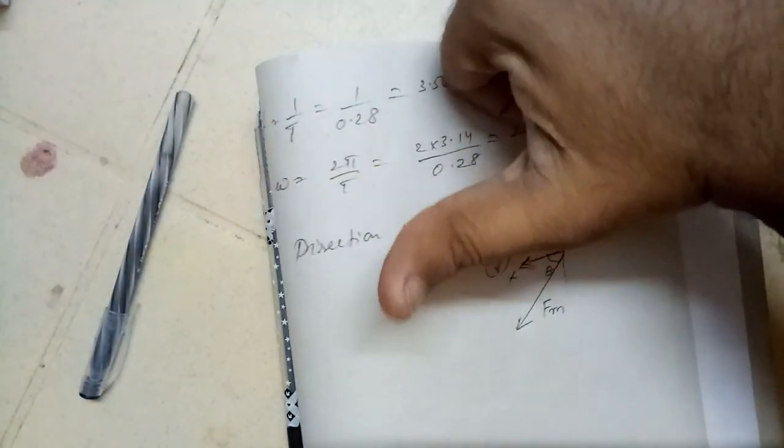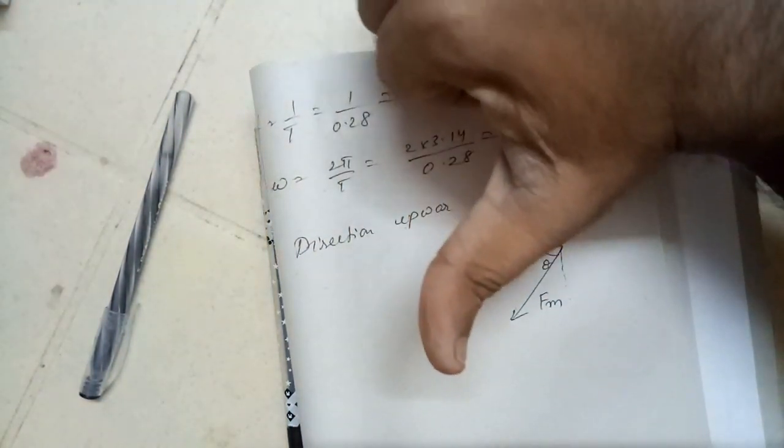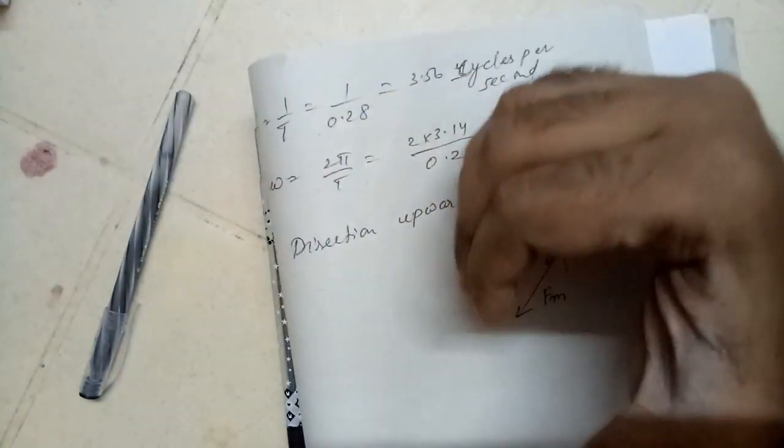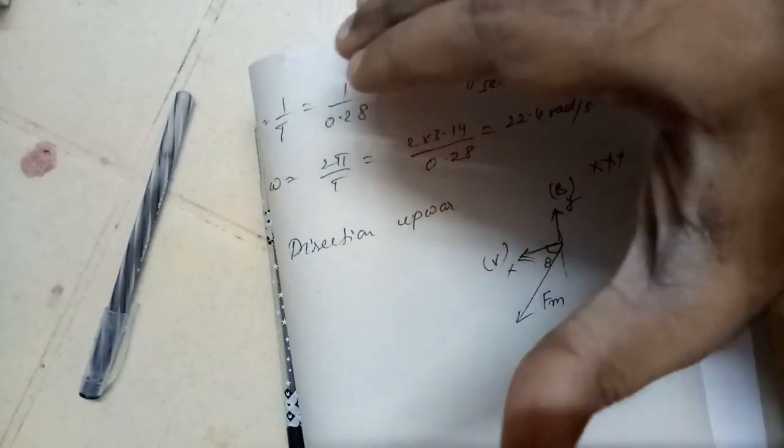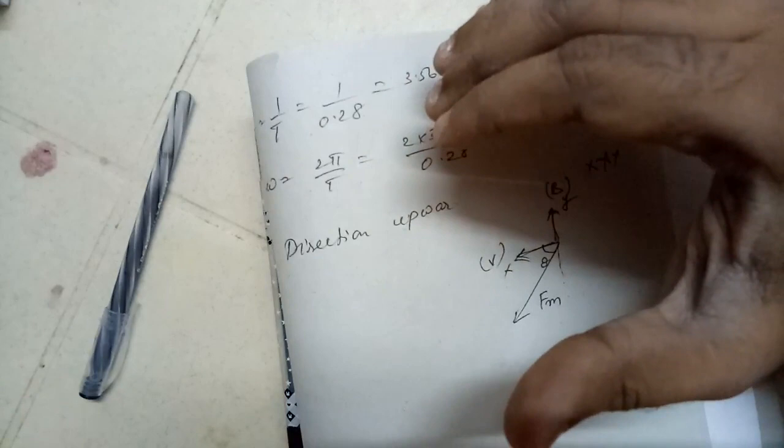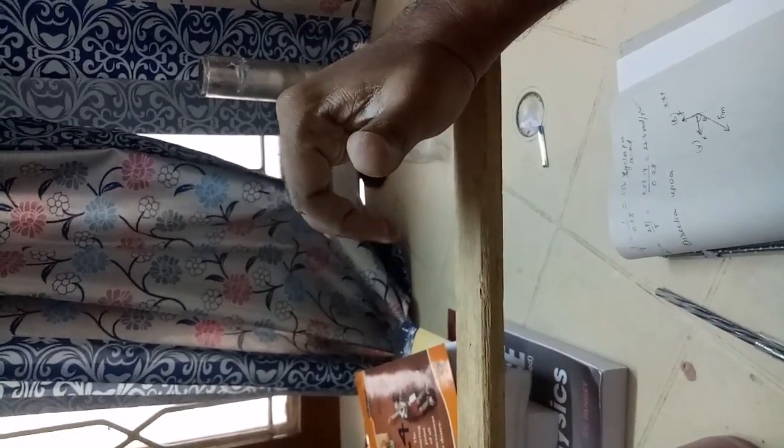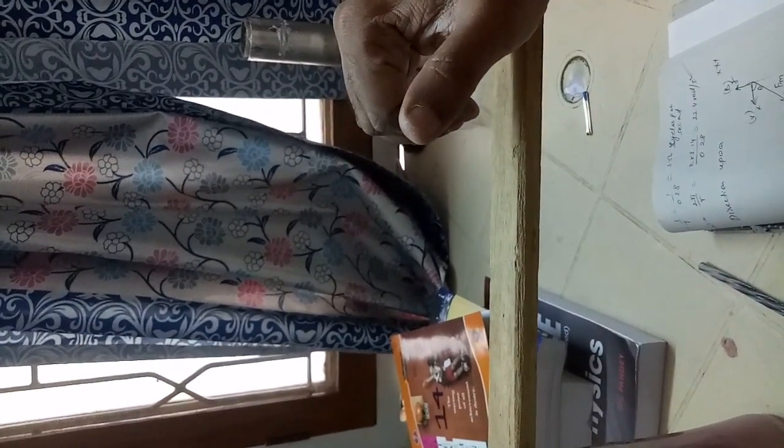To be precise, curl these fingers towards the V vector. Your B vector is perpendicular, your V vector is like this, and B is in the downward direction.